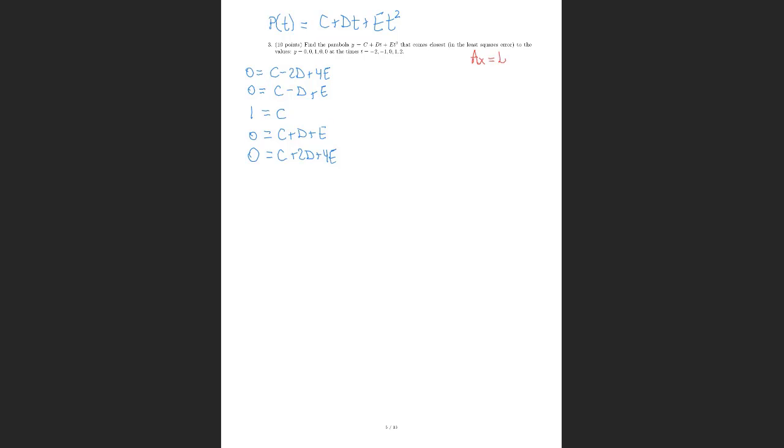So when you have an equation Ax equals b, and if this equation has no solution, then the least squares solution, which I'll call x hat, is the vector that comes closest to solving this equation that had no solution.